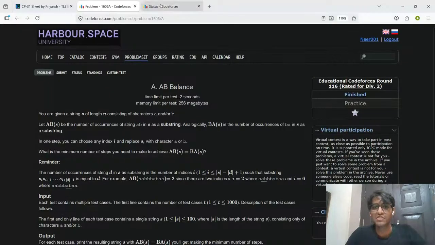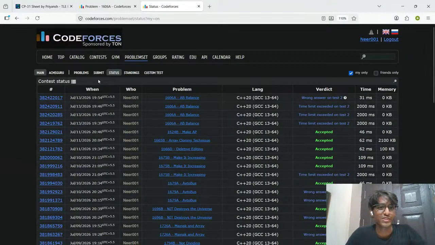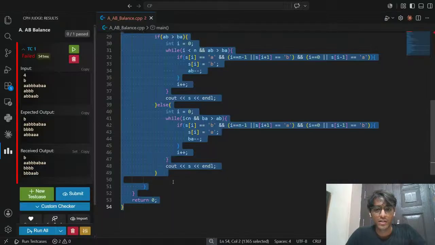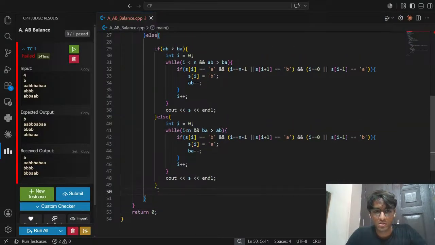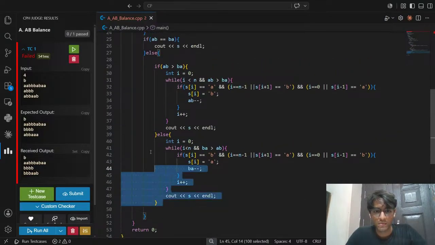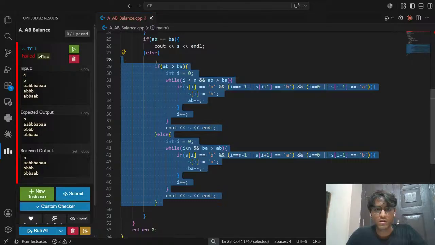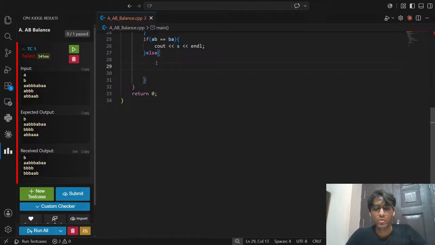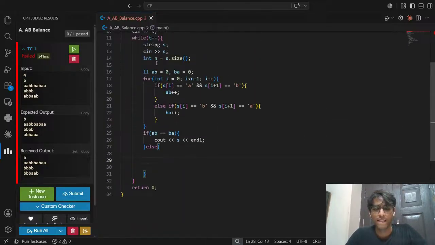People on Codeforces are just weird, and I'm one of those weirdos. So the intended solution is, first remove all this redundant code. Even this code is not needed.